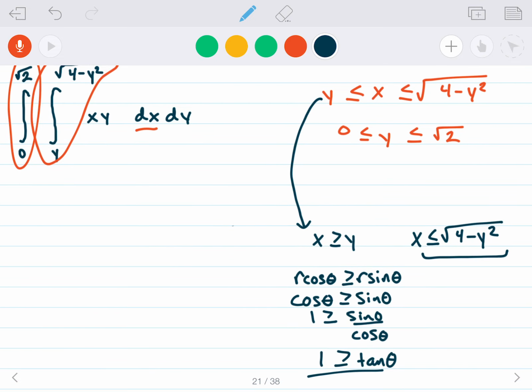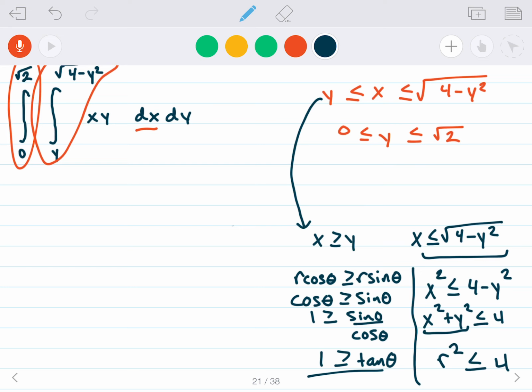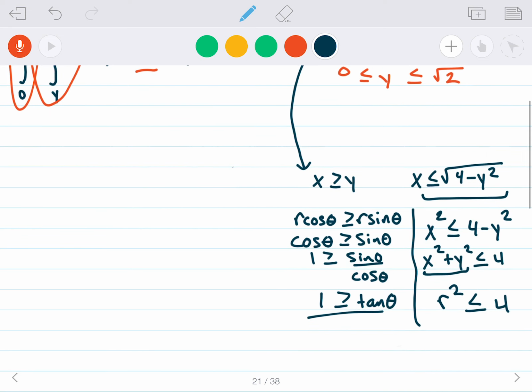Now, if I square both sides, I get x squared less than or equal to 4 minus y squared. If I add y squared to both sides, I get x squared plus y squared less than or equal to 4. And I know that x squared plus y squared is equal to r squared in polar coordinates. So r squared is less than or equal to 4. Taking the square root, I get r is less than or equal to 2.